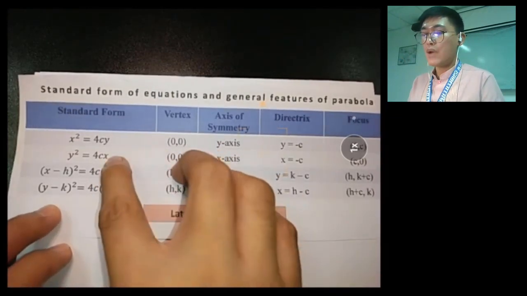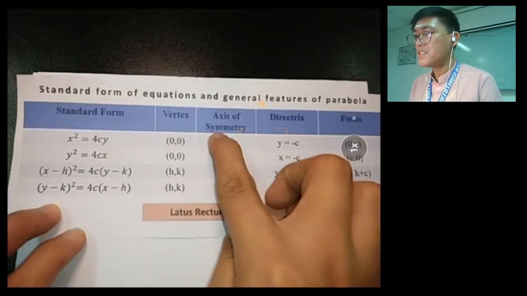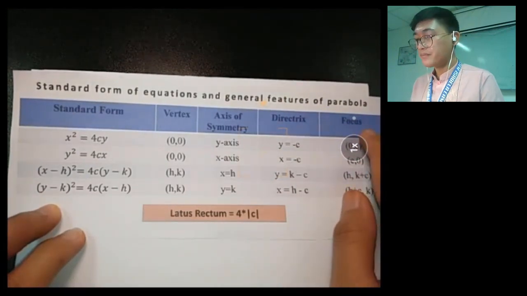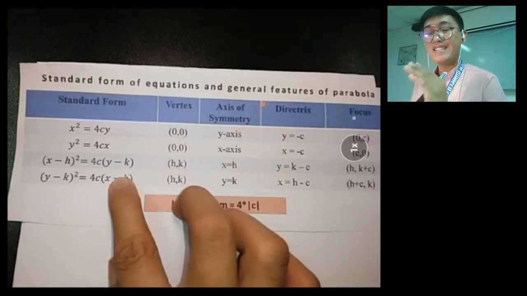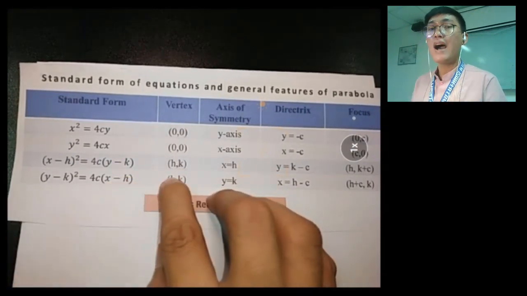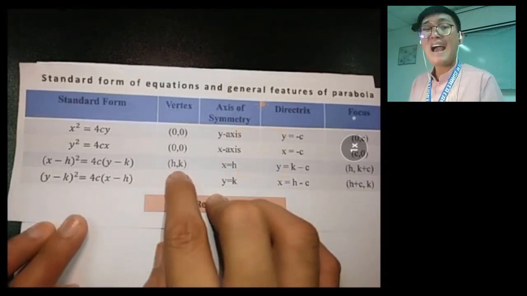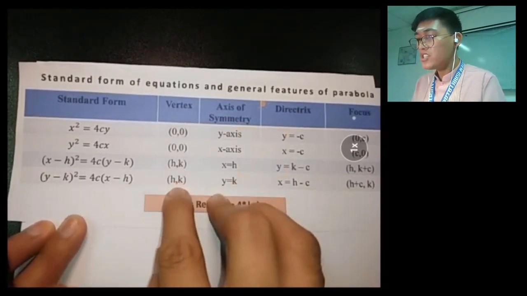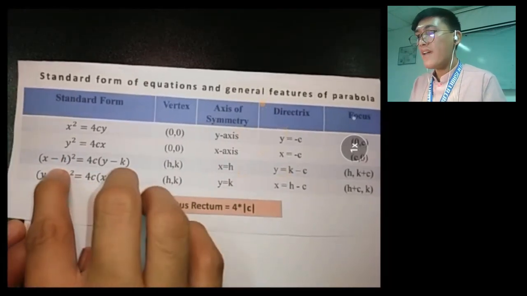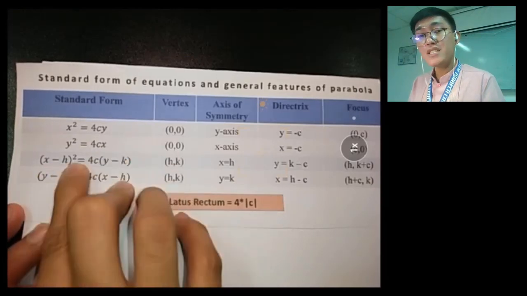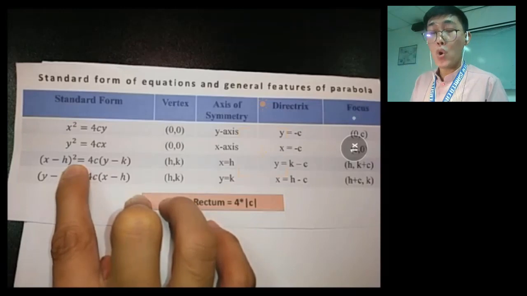If this formula will be used, then you have to follow this formula of the axis of symmetry, the directrix, and the focus. On the other hand, if the vertex of your parabola is not at the origin or any point on the Cartesian plane or at (h, k), then you will be using this formula. So as we can see, if (x minus h) is squared, your parabola opens upward or downward.